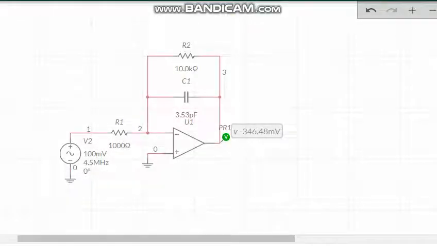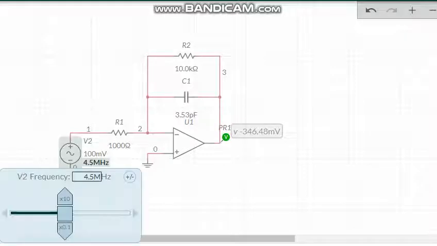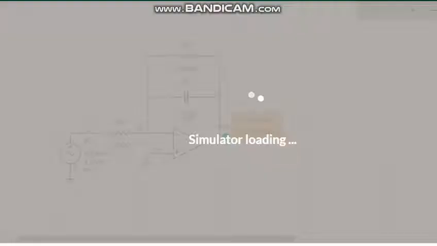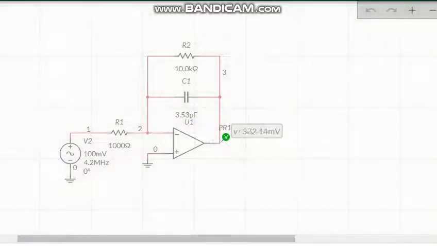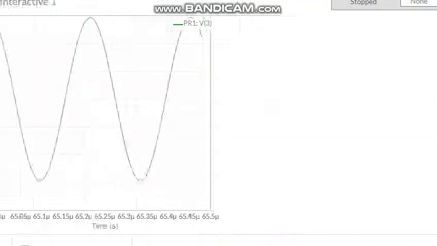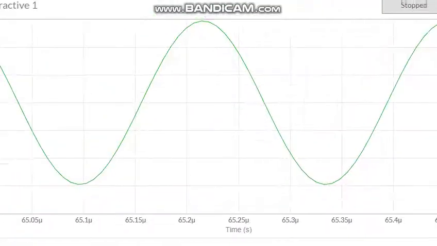First of all, we have to take from 4.2 megahertz. The same voltage, 100 millivolt, will go in as the input voltage. Let us start from the grapher. We will go to the grapher section.